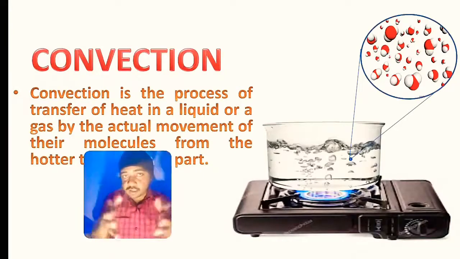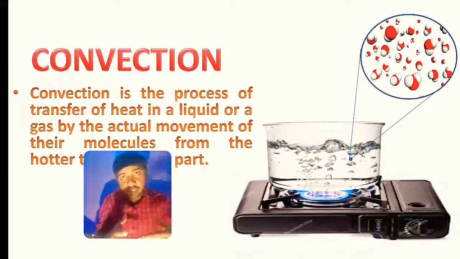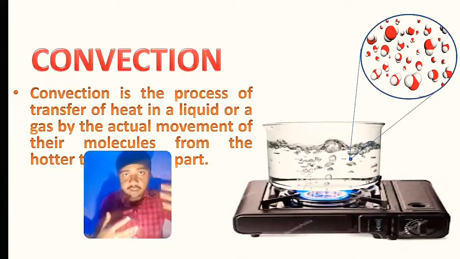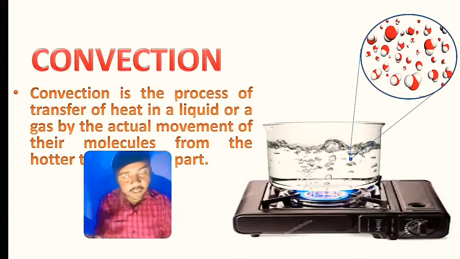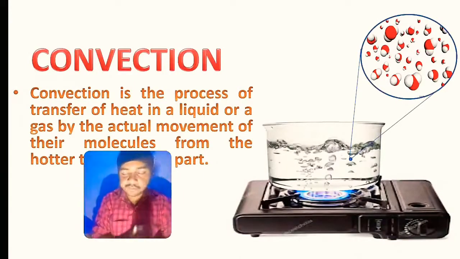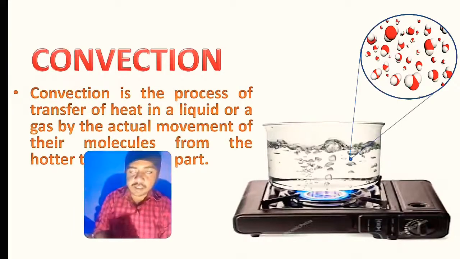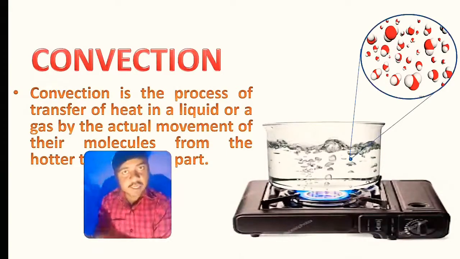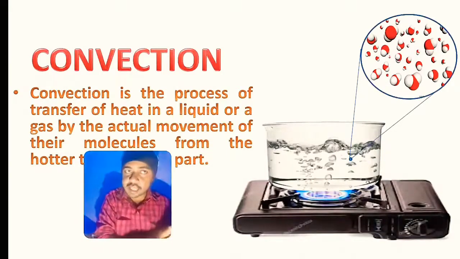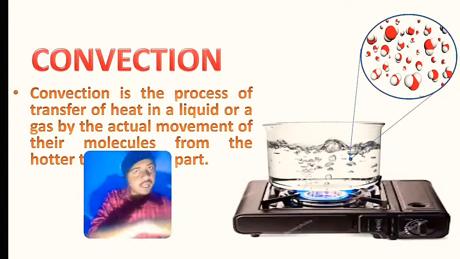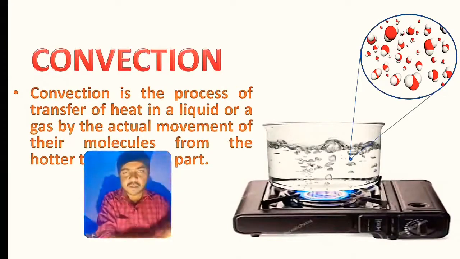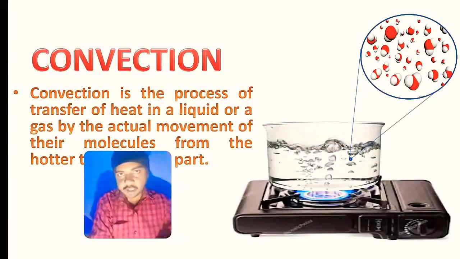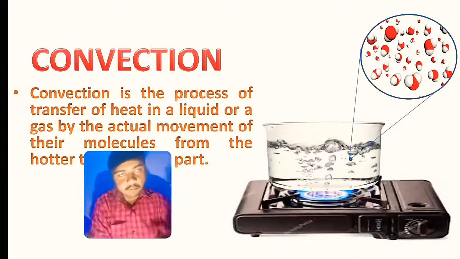So this process, where the molecules of the heated substance move continuously in order to get heated, is called convection, and when it's at one place, it's called conduction. That means conduction will always happen only in solids, and convection will always happen only in liquids and gases, because their particles are not as closely bound as in a solid and can move here and there. So this is the process.